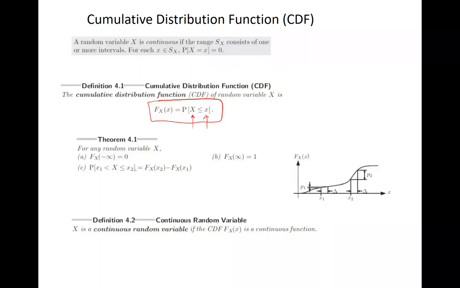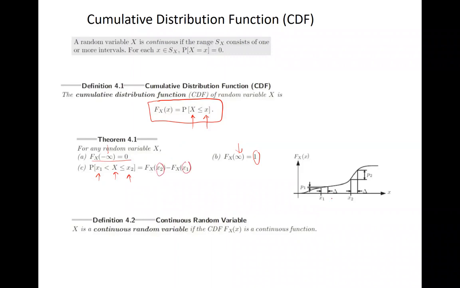Here are the properties of the CDF. The CDF is 0 when the argument becomes -infinity, and it becomes 1 when the argument becomes infinity. And the probability that any random variable X is in between x1 and x2 is simply the difference of the CDF values at x2 and x1.